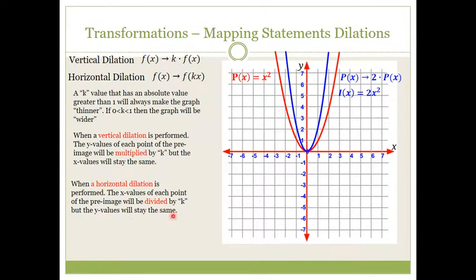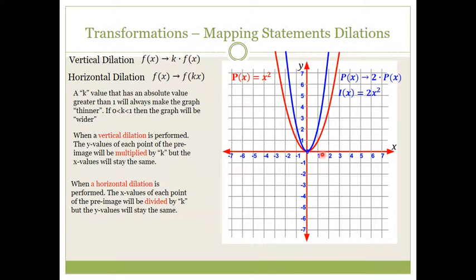Here you can see that I have the parent function x squared as the red parabola. And in this case, I'm going to take it and perform our vertical dilation, multiplying it by 2. All right, so we get this new function, our new image, is equal to 2x squared. Notice that in this case, it's the y values that have changed, but the x values haven't.